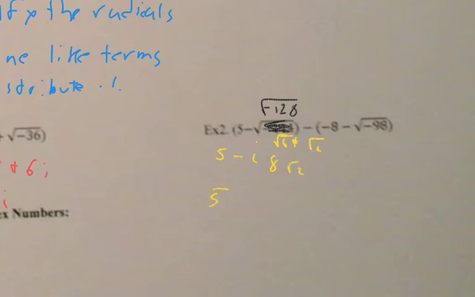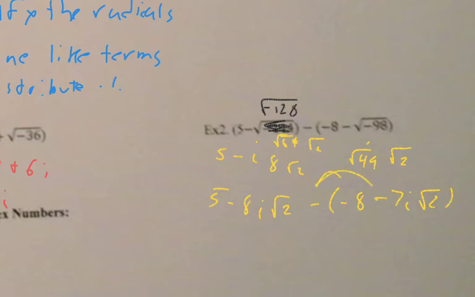So down here we have 5 minus 8i radical 2. And we're minusing. We have our negative 8 minus rad 98, which comes to rad 49 rad 2. We know radical 49 is 7i rad 2, because it can't be done anymore.